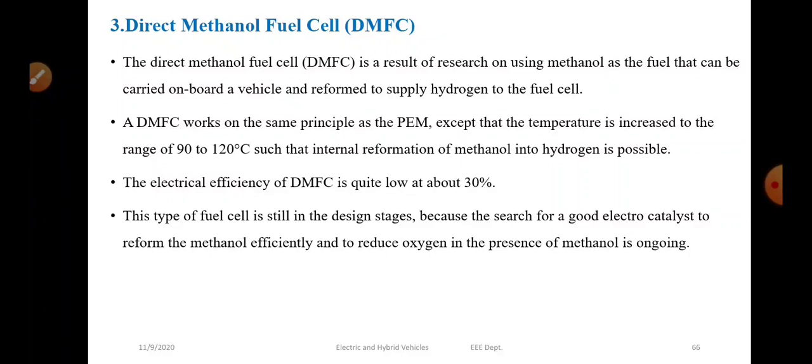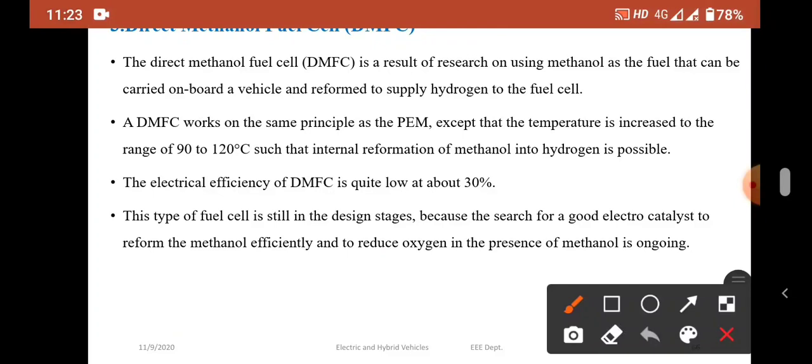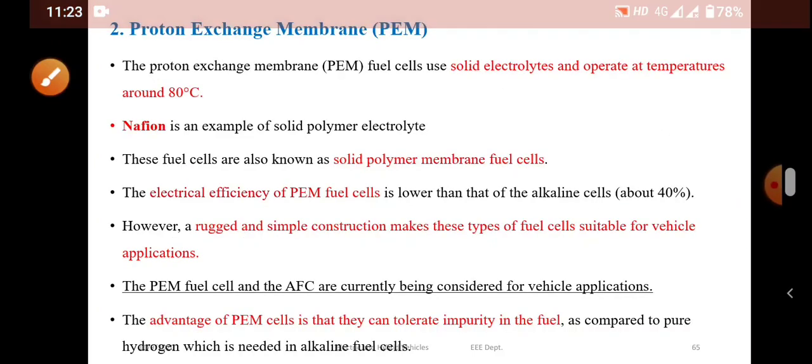Methanol fuel is carried on board a vehicle and it is reformed to supply hydrogen to the fuel cell. It works on the same principle as the previous one, proton exchange membrane, but the temperature is higher, about 90 to 120 degrees Celsius, and the electrical efficiency is 30%.